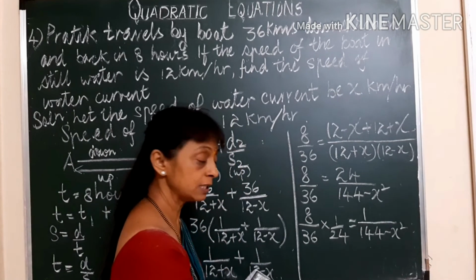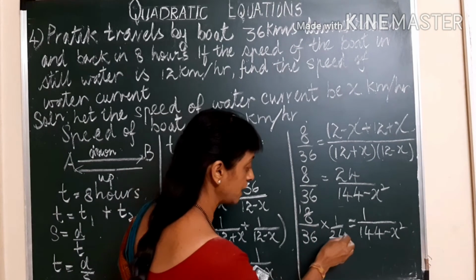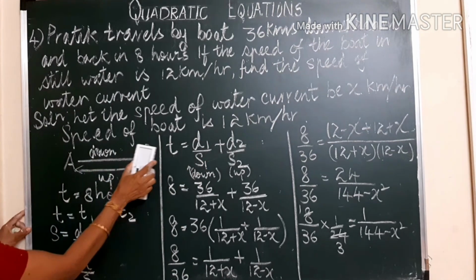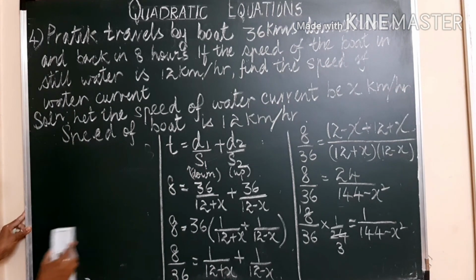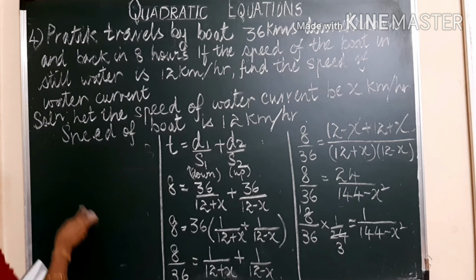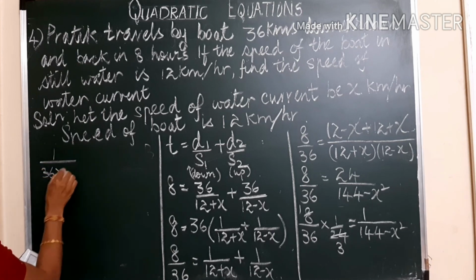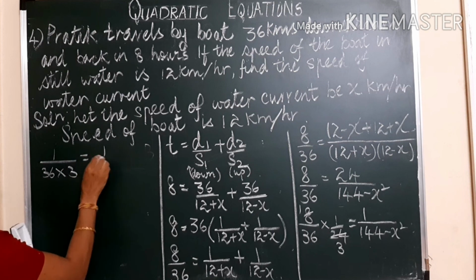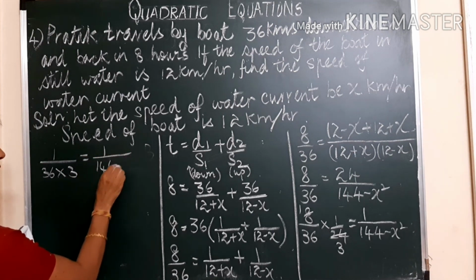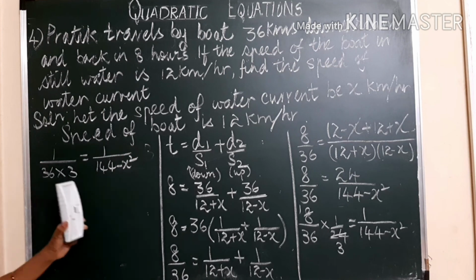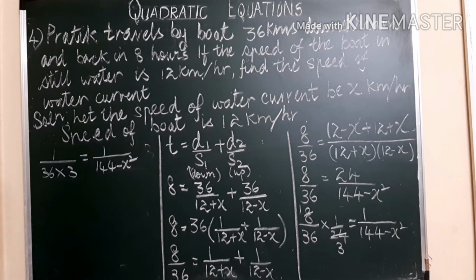Can we reduce? Definitely. 8 ones are 8, 8 threes are 24. Let's solve it this side, children. Now what are you left with? 1 upon 36 into 3, which is equal to 1 upon 144 minus x squared. Now 36 into 3 will come in the denominator.